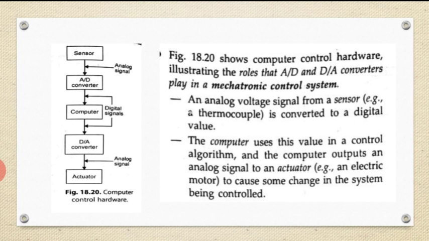From digital we have to convert back to analog, because the actuators work with analog signals. The actuator is an electric motor, which causes change in the system being controlled. So I conclude that both the analog to digital converter and digital to analog converter are required for this control process.